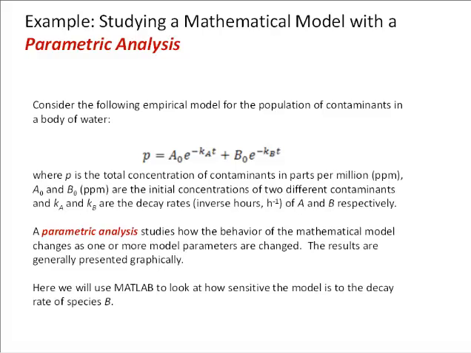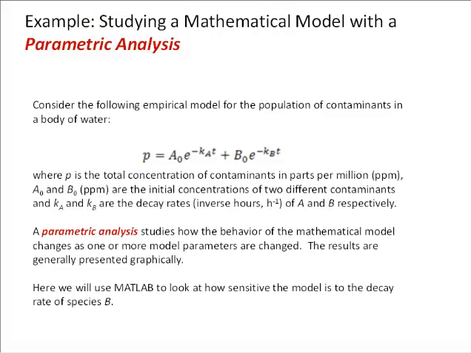A parametric analysis studies how the behavior of the mathematical model changes as one or more model parameters are changed. The results are generally presented graphically. So for example, in a parametric analysis, we would be looking at any of these model parameters and seeing how changing them affects the overall behavior of the model.